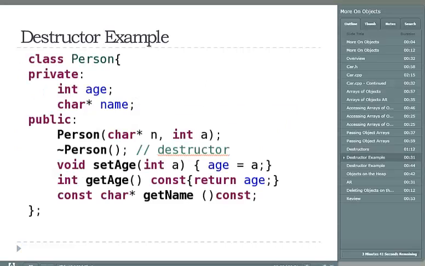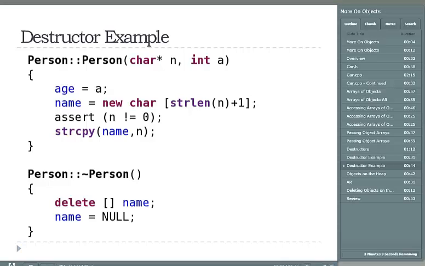We'll see an example of this with the following person class, which has two member variables, age and name, except the name is now going to be stored on the heap. Because the destructor automatically generated by the compiler will only remove the memory on the stack, we need to explicitly define a destructor so that we can get rid of the memory on the heap. So you'll notice the prototype for the destructor in the member function list.